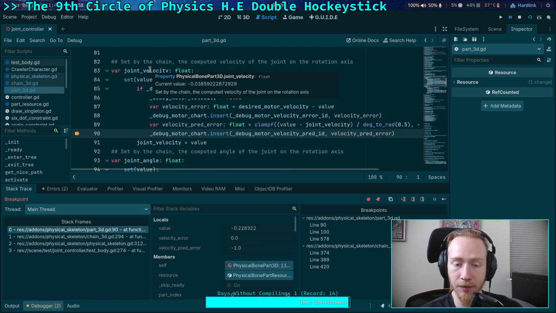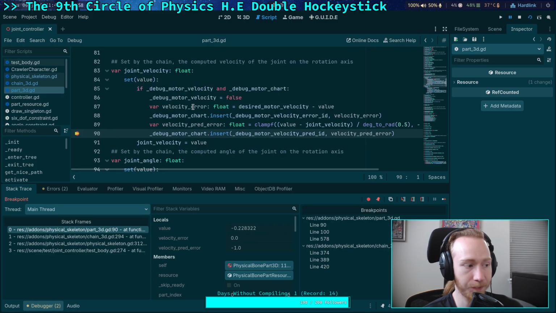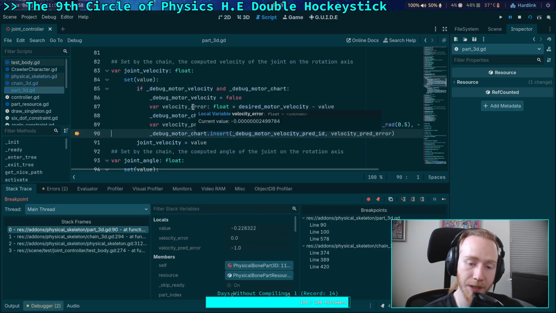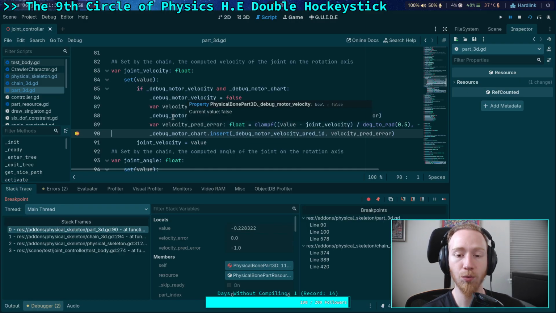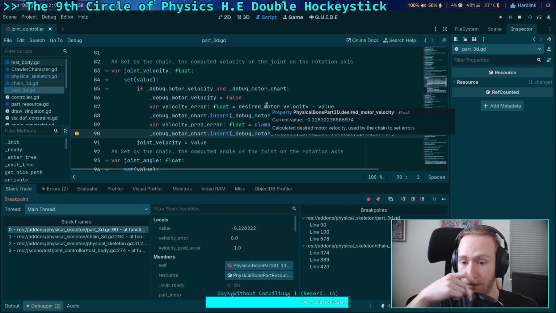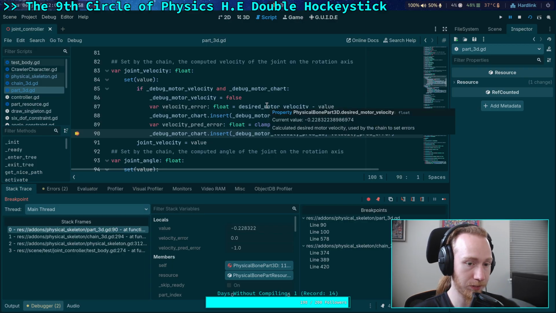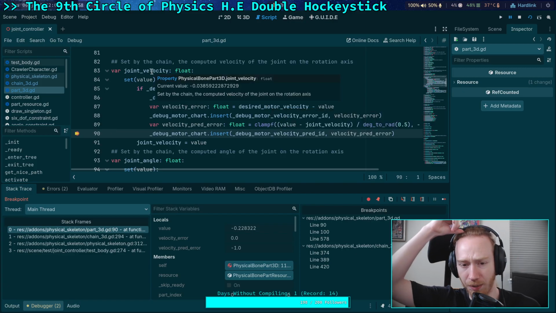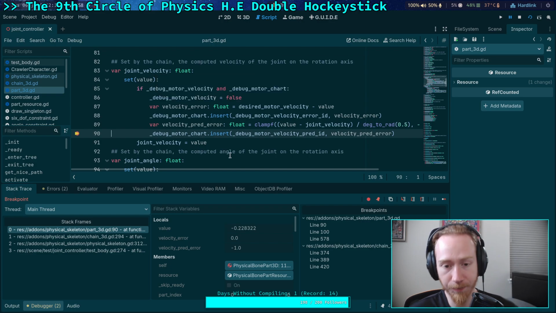So I predicted a 0 joint velocity, and I got that. Though the velocity error is nothing, which means I'm getting the velocity that I wanted, which is weird. Apparently I want a negative 228. But I computed that I would get a negative 038. That's just not right.